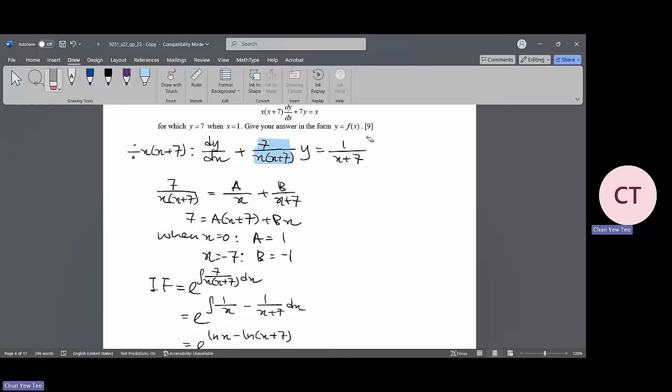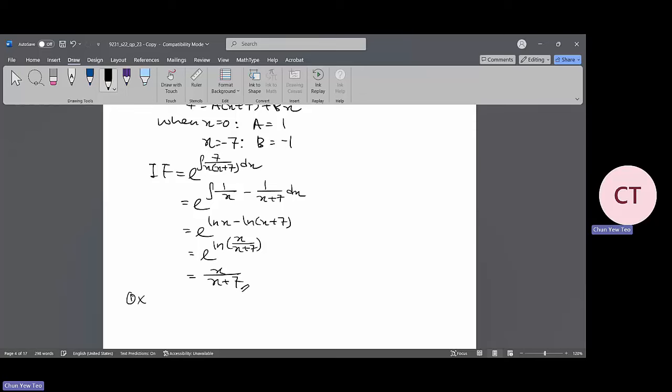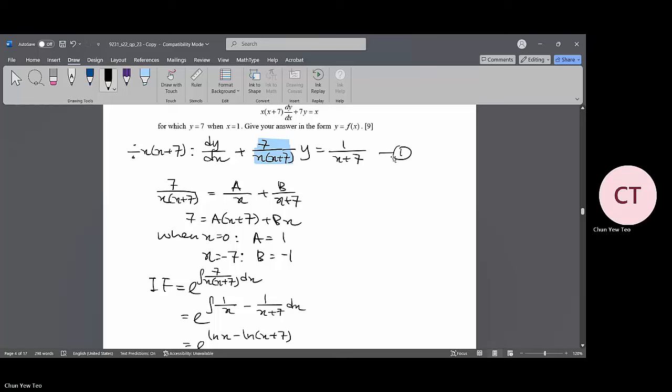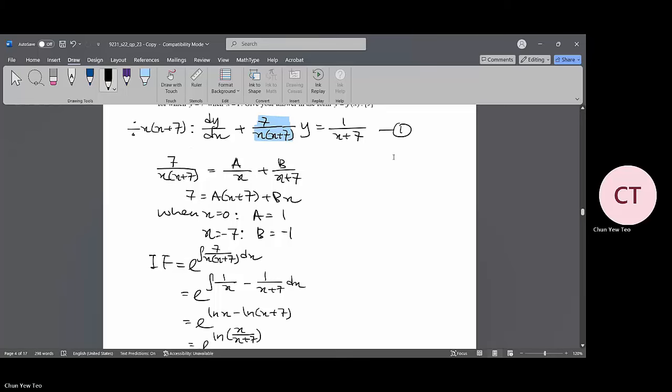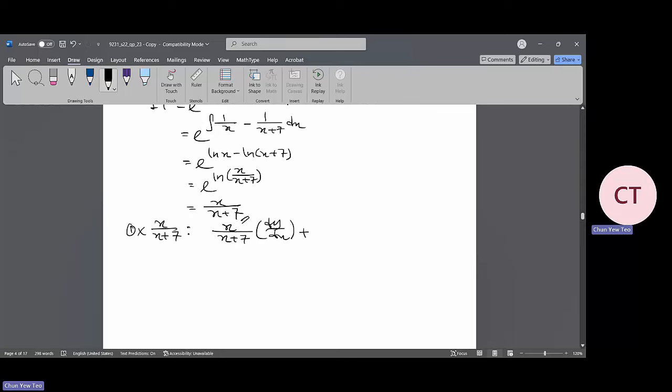And we will take these equations over here, multiply everyone by IF. So I call this one equation number 1. Take equation number 1, multiply the IF. Then I get x plus 7 dy dx plus, if you multiply this with x over x plus 7, then you get 7 over x plus 7 square y.